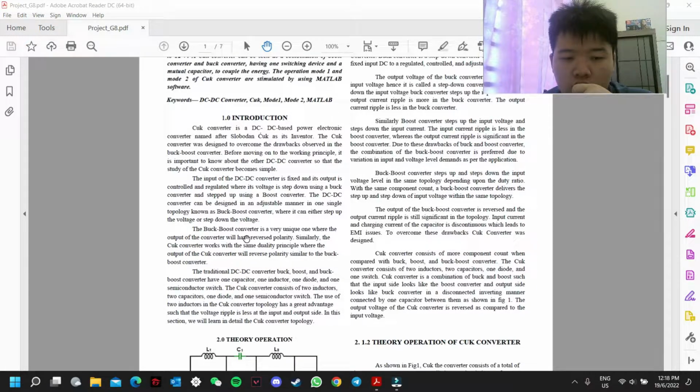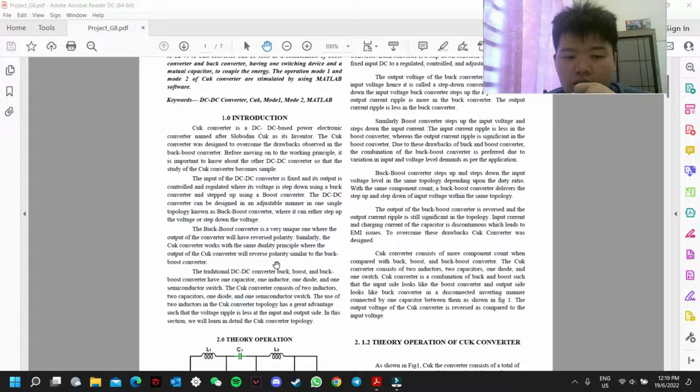The buck boost converter is very unique, where the output of the converter will have reverse polarity. Similarly, the choke converter works with the same duality principle, where the output of the choke converter will reverse the polarity similar to the buck boost converter.